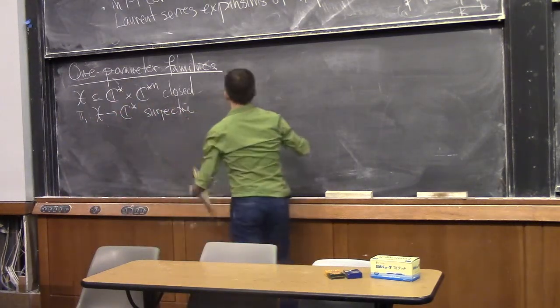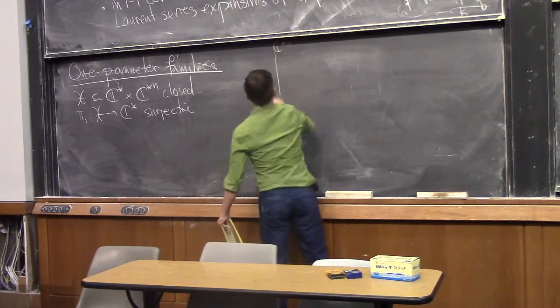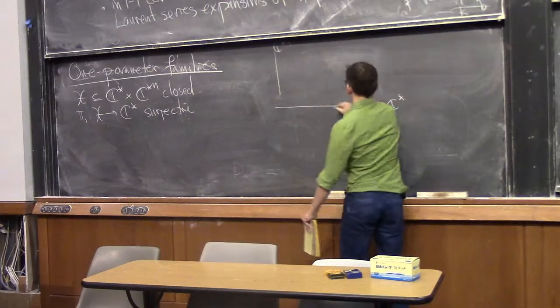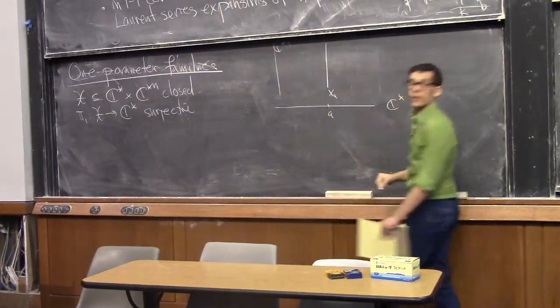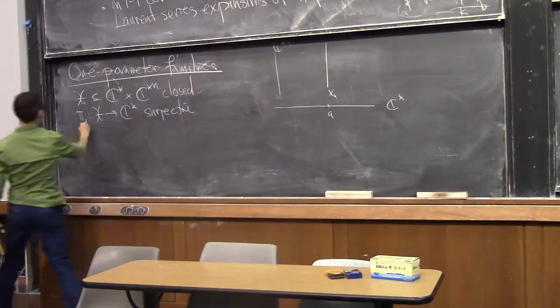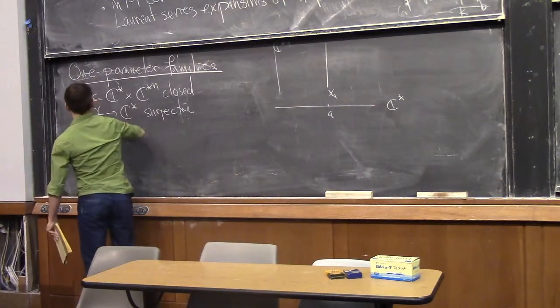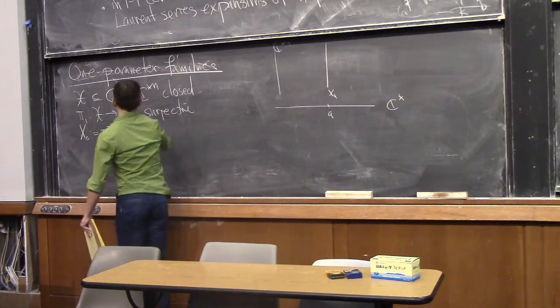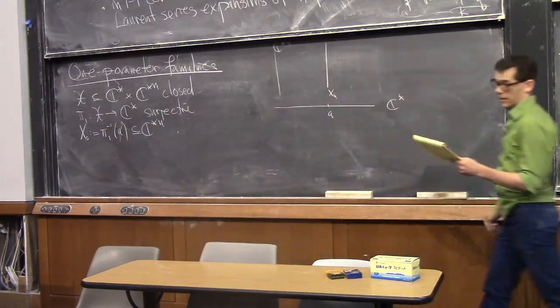So I have (C star)^n here, and down here I have C star. At a given value a, I'm going to call this fiber X_a. This is a family, so I can look at the amoebas of these.